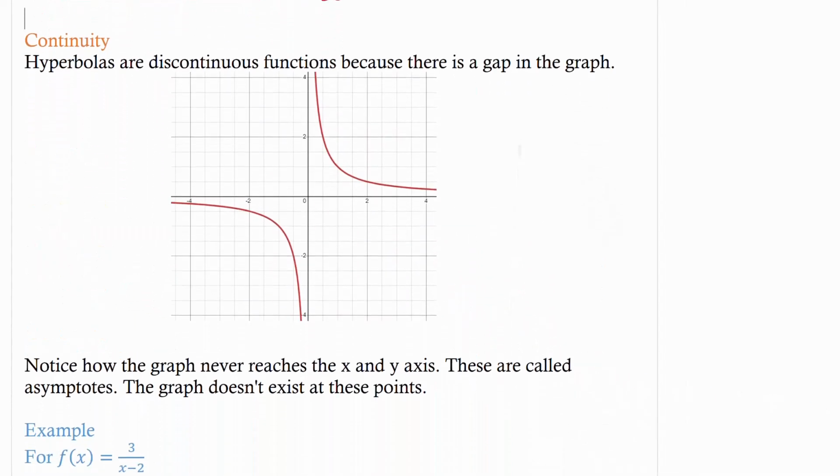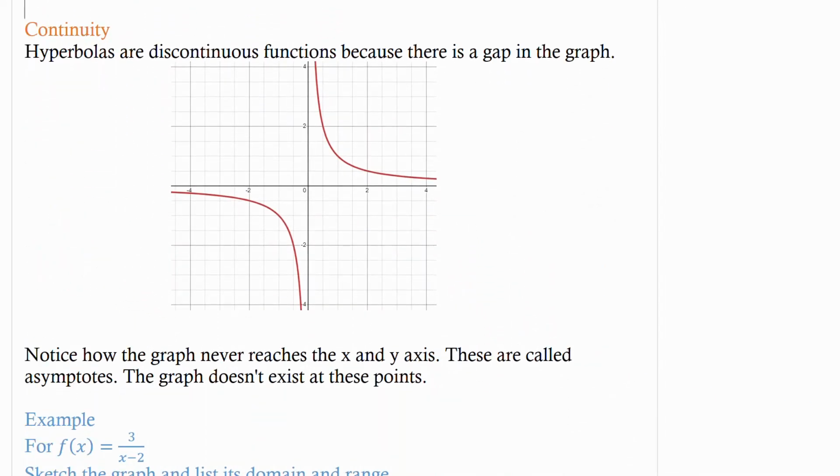Okay, so the next part we're going to look at is what we call continuity. So hyperbolas are what we call discontinuous functions, and it's because there's a gap. And as you can see in this one, there's a gap pretty much going down here, the y-axis, and across here, the x-axis. So the graph never actually reaches x and y.